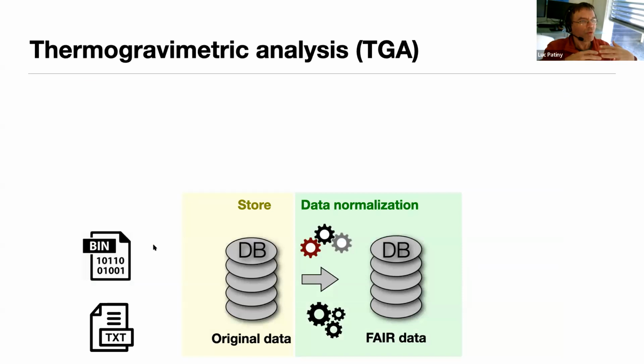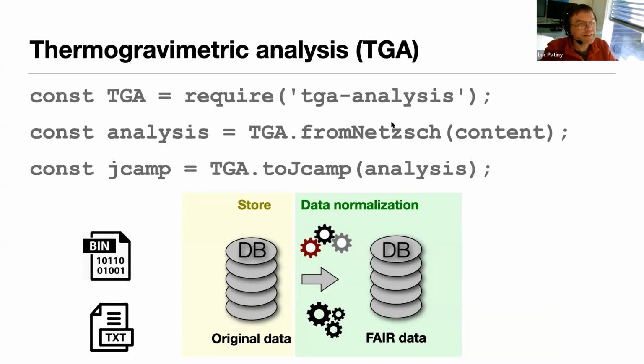So if we have a specific kind of analysis, thermogravimetric analysis for example, the instrument generates some strange files, Excel, text, some proprietary format. What we will do is create a TGA analysis project and make some new converters, for example from NETCH or from some other instruments, so that we can create this analysis object and save in the database, not the original data, but a JCAMP.